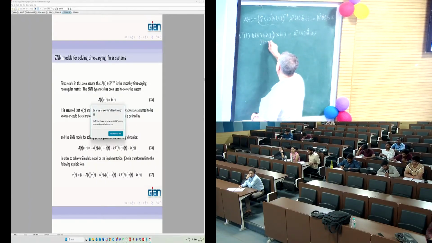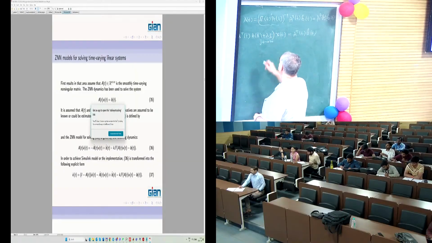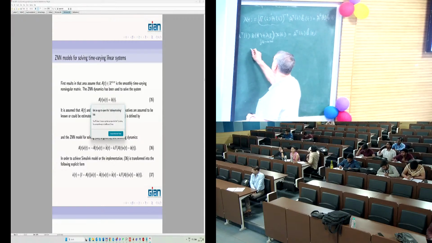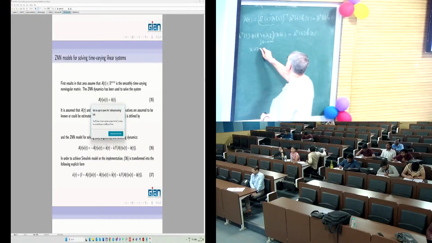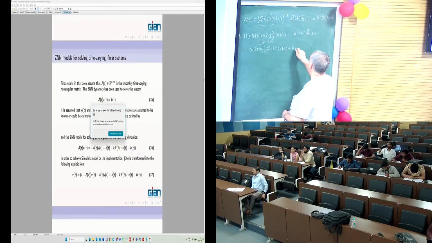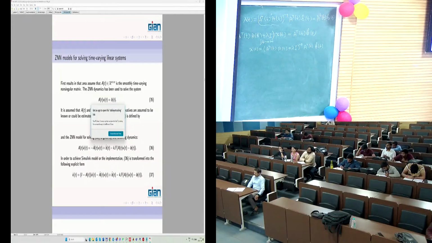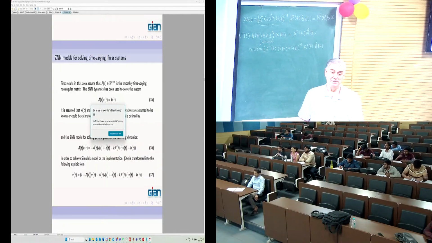When time tends to infinity, we will obtain the solution with A transpose A plus lambda I inverse times A transpose. A transpose A plus lambda I will be invertible for arbitrary small lambda. We will obtain an approximate result.